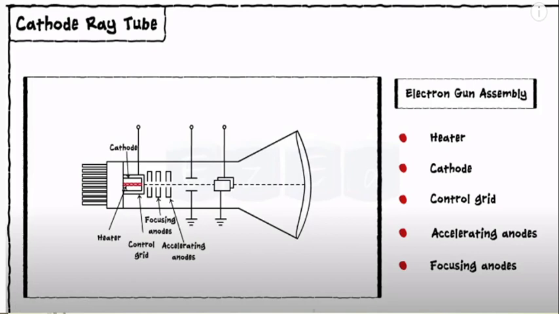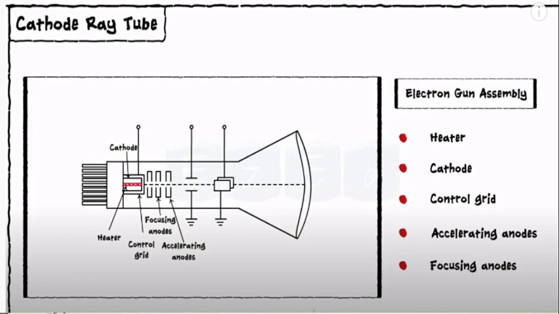A negative voltage is supplied to the grid, and this negative charge repels electrons and generates a narrow beam, a flow of electrons, as seen in the figure.